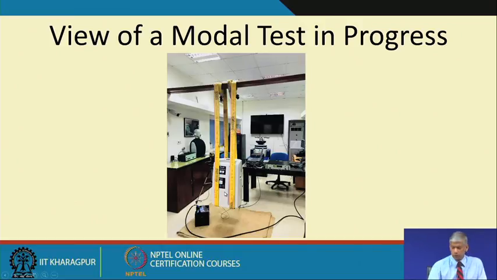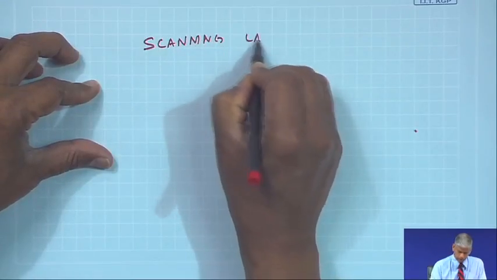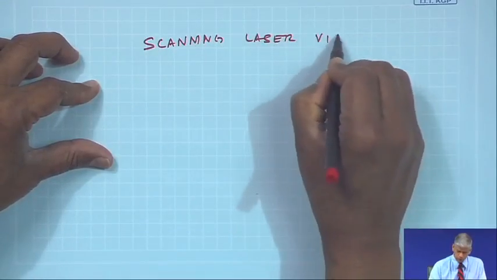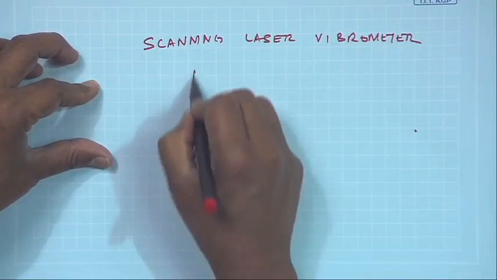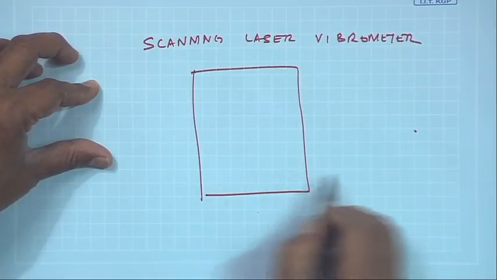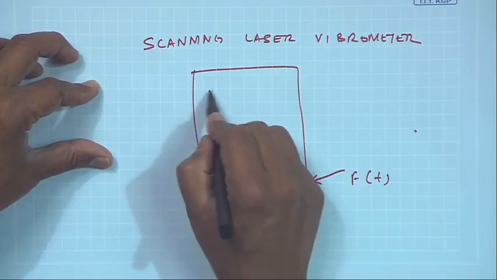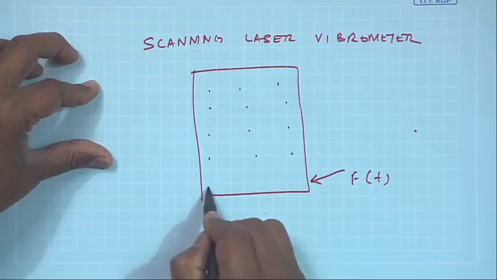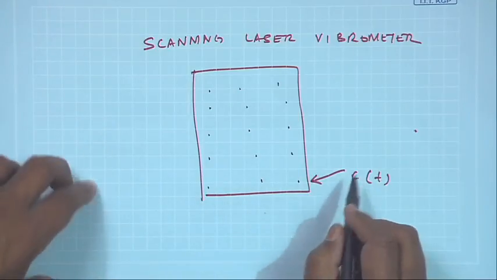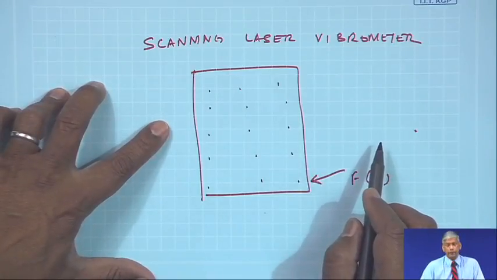There are automated systems, scanning laser vibrometers, available. In one go, suppose I have a panel and I am exciting it by some force F(t), it will measure the responses at all locations with the right phase reference, keeping one as a phase reference, and then you can get an entire picture of how this surface is vibrating.